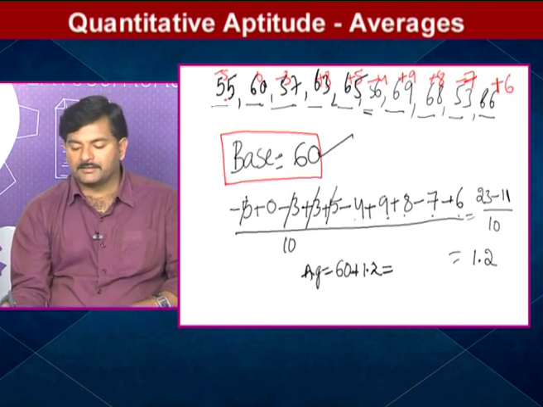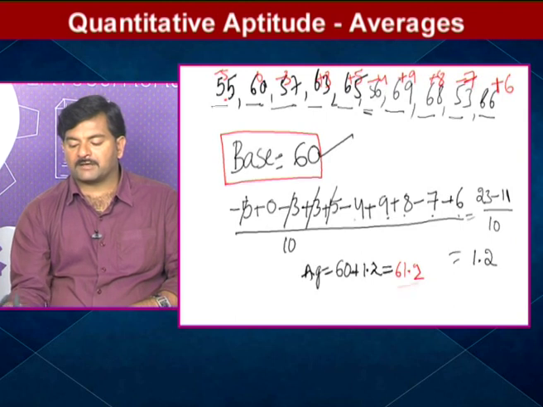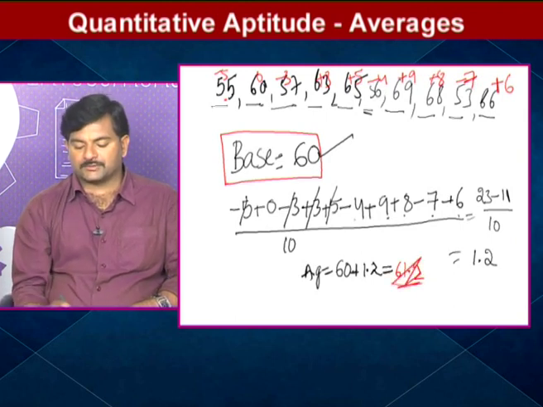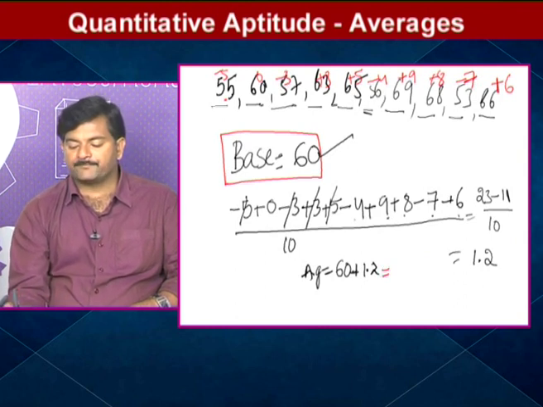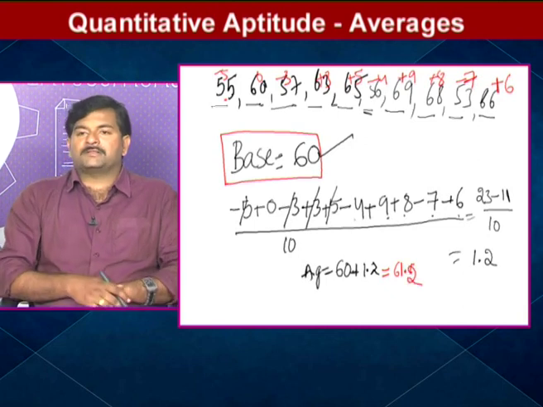Are you getting it? 61.2 is the average of all the given observations. So 61.2 is the answer. I repeat, the final answer is 61.2.